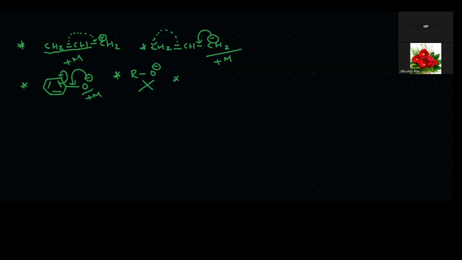RC double bond O minus. So in this case, how to identify the given conditions? Here the negative charge donates to the carbon, and these electrons move towards this oxygen atom. So now here also this one acts as a plus M group only. Next, another one.